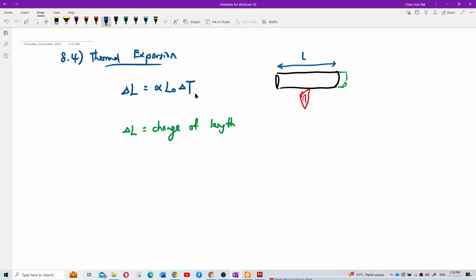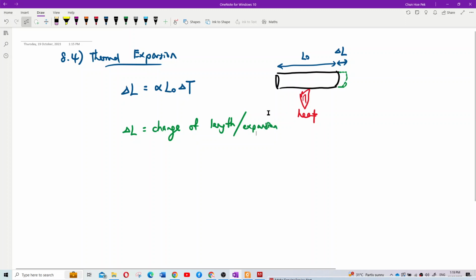L naught is the original length, and this is delta L, the change of length. So delta L is the change of length, or expansion.